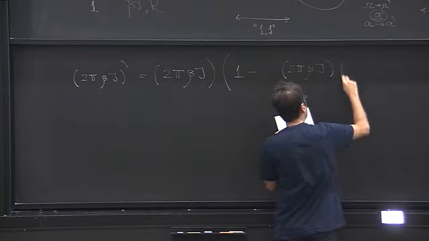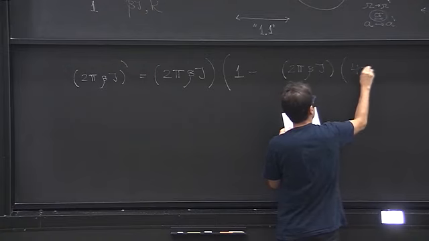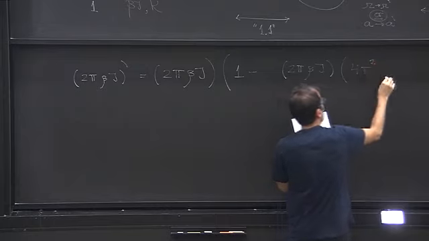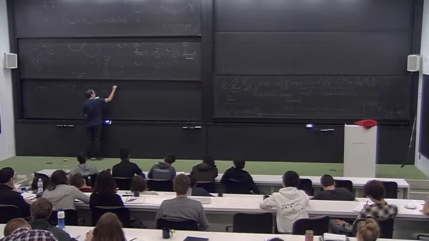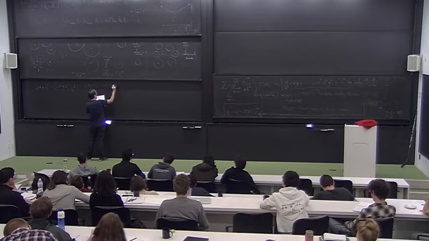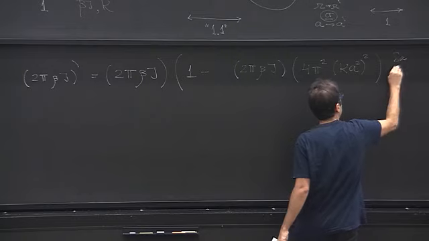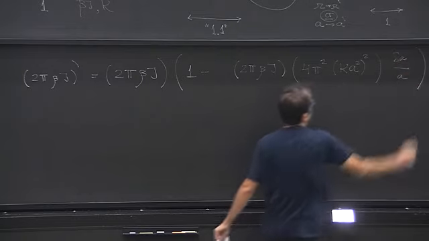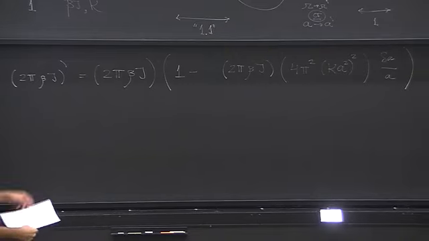So that 4 would be here, 4 pi square k times a square delta a over a. So hopefully I did not forget any factor. 4 times 4, 16, okay.